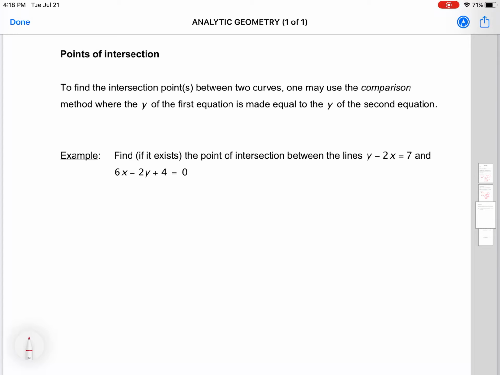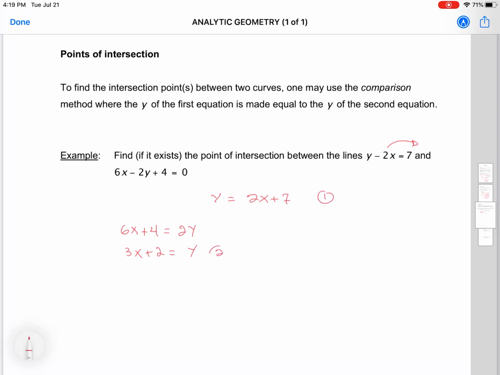So how does it work? You isolate the y in the first equation, you do the same in the second, and you equate them to each other. In this example, the first line has to read y is equal to 2x plus 7, simply because I brought the negative 2x to the other side. In this one, I am going to have to fiddle around a little bit. 6x plus 4 is equal to 2y.